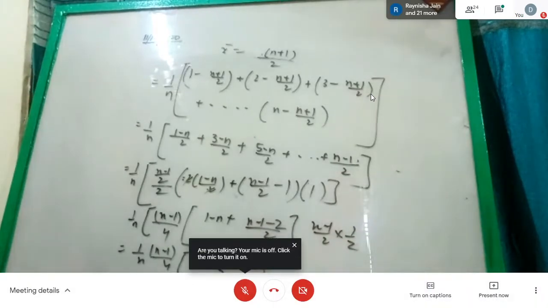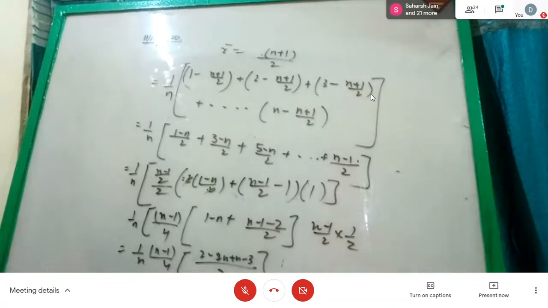You can change this. Take this minus sign outside, so this minus sign will come. It becomes 1 plus minus n. This both will become plus.